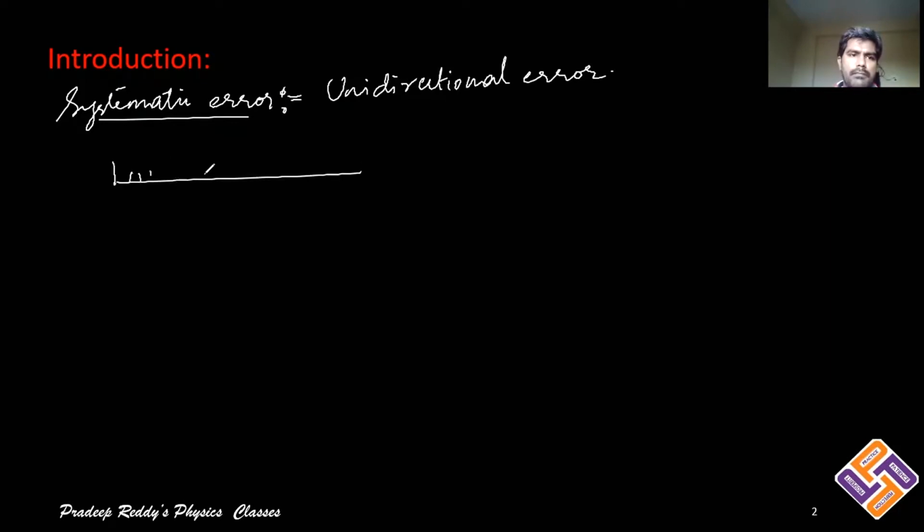Systematic error is a unidirectional error. Say, for example, you have a scale. This is 0, and this is 1 centimeter, and this is 2 centimeter.